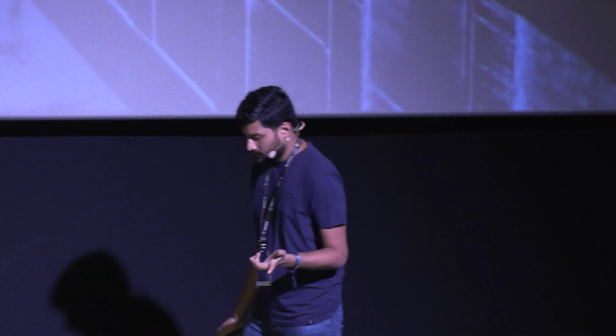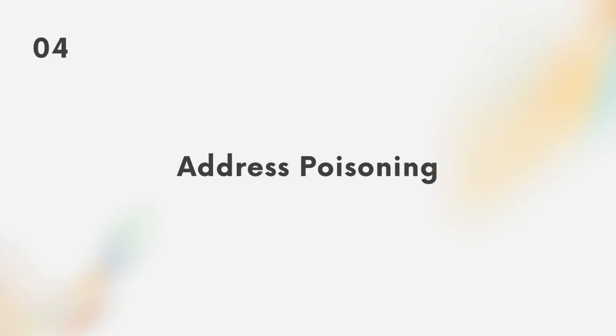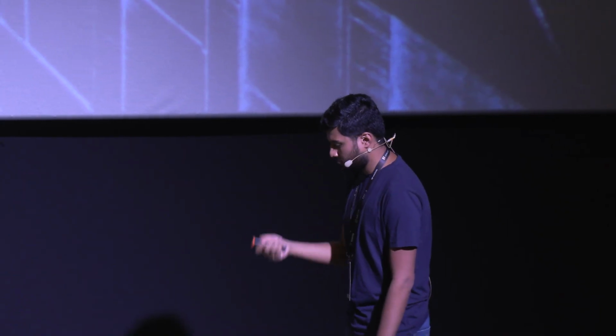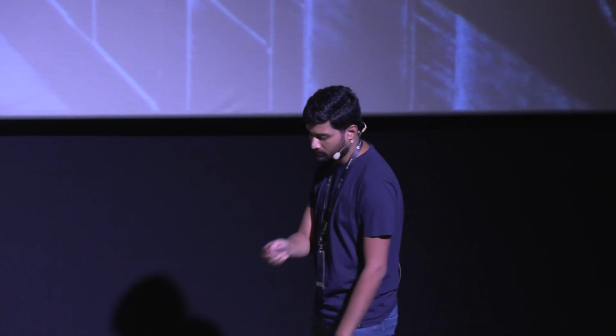All right, so this is far more common than I originally thought. And recently, someone I knew fell victim to this attack, an address poisoning attack, which kind of motivated me to talk about this.